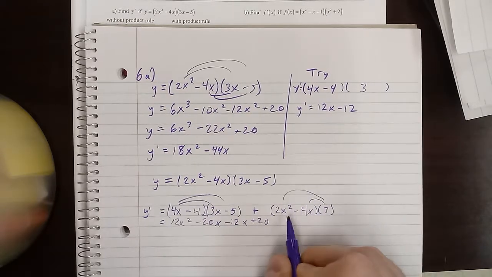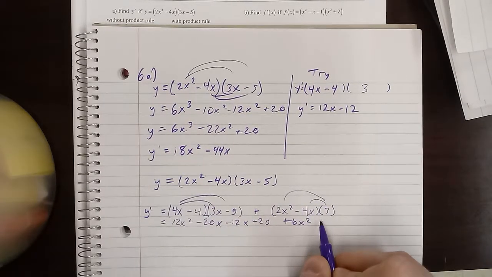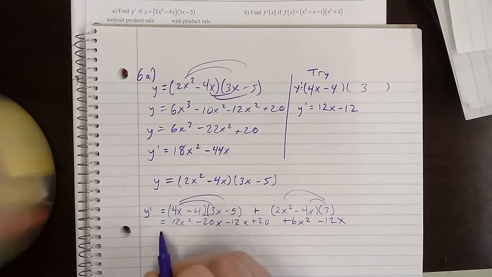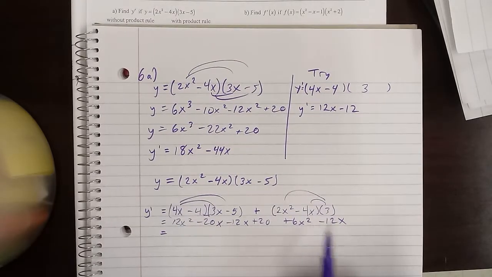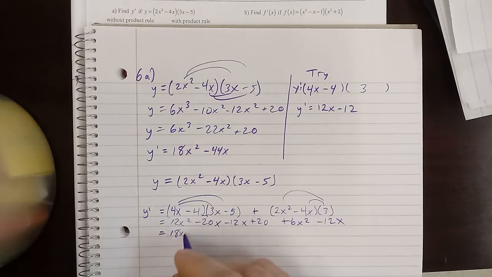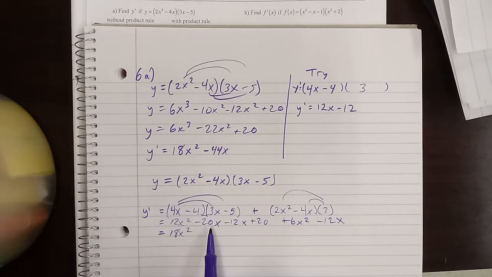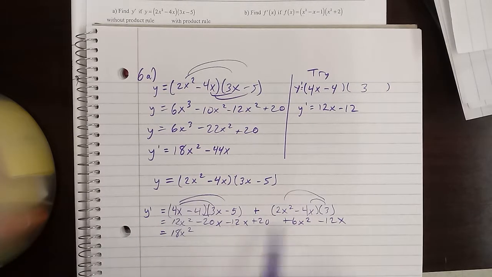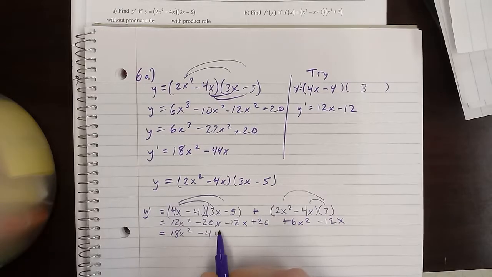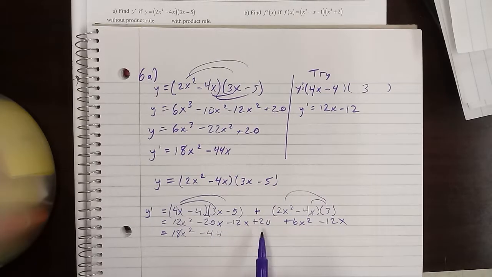Here I can distribute the 3 and get plus 6x squared minus 12x. So when we simplify this, 12 and 6 of the x squared gives us 18x squared. Then minus 20x minus 12x minus 12 more x, 20 minus 24, that's minus 44. I've got a plus 20.